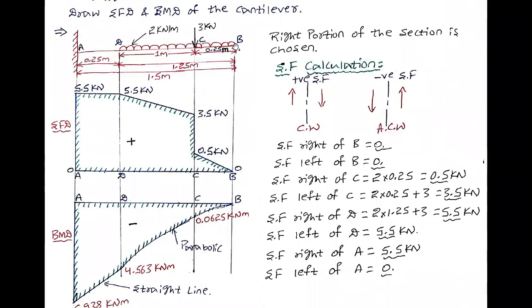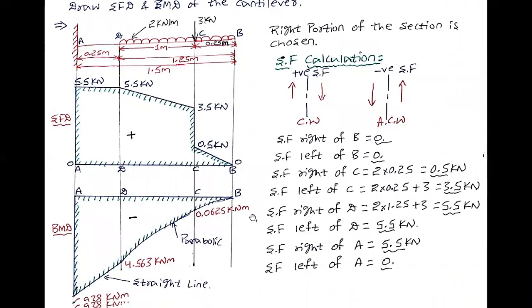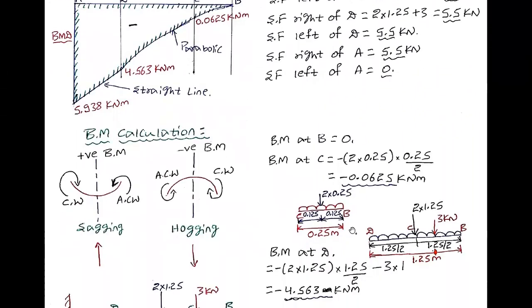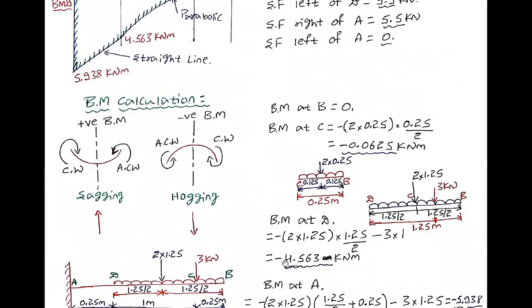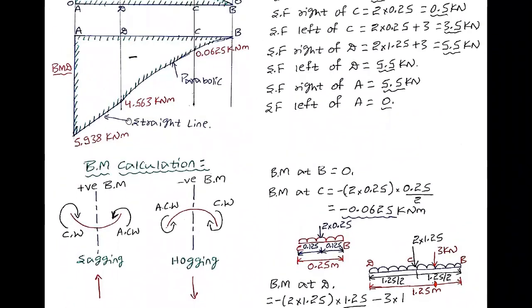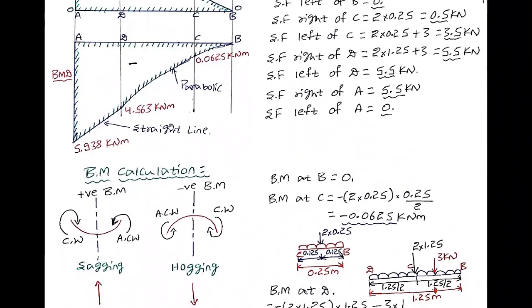If you see from point B to C, the member is subjected to UDL. UDL means the variation in bending moment will be parabolic. You can see the table. And now at point D, the bending moment is minus 4.563 kilonewton meter.